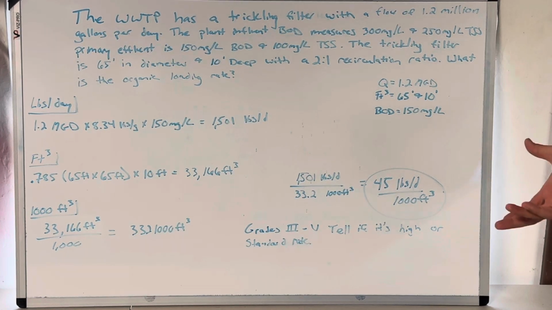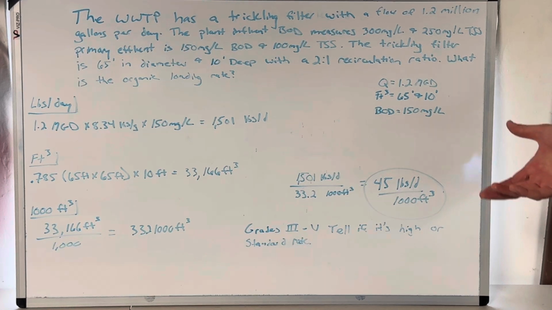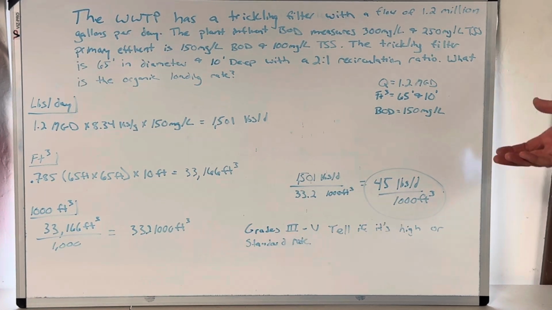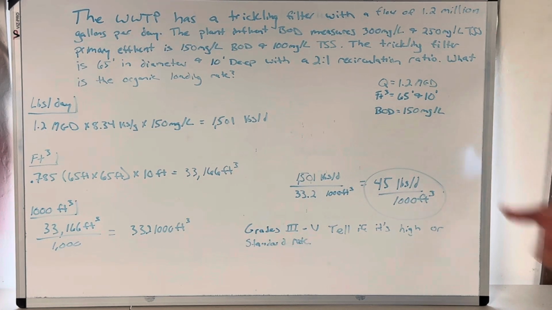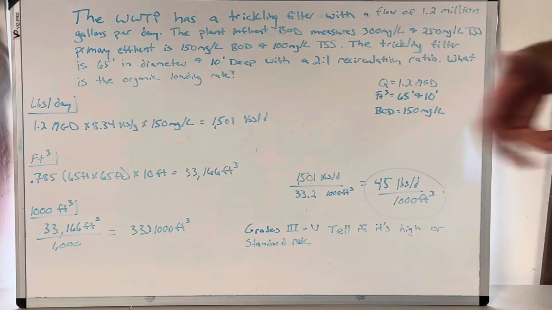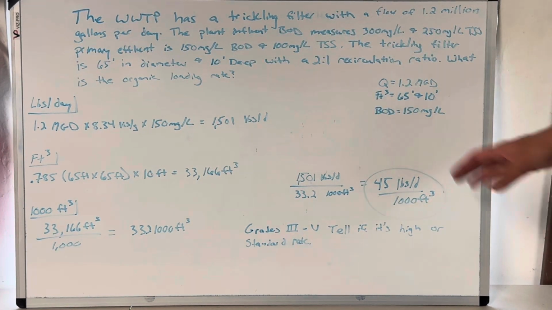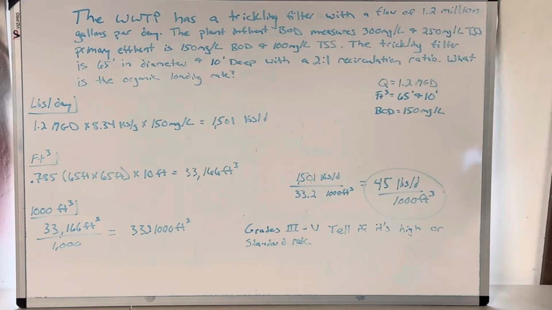My guess is if you had that question, it would be, I need to put a second standard or maybe even a third, depending on what your loading is, trickling filter online in parallel, okay? And if they don't give you the dimensions where you'd have to add these values together, you would assume that the dimensions are all probably going to be the same. That's pretty typical. You're not going to have mismatched sized trickling filters right next to each other for the most part, unless there was a plant expansion or something of that nature.